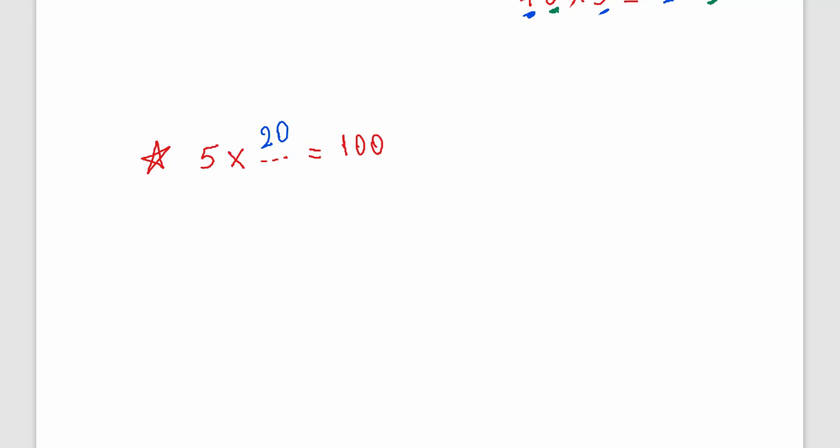Okay, again, my heroes, you should think of the basic fact in the timetable of 5 that gives you 10. Why 10? Because I can deal with this extra 0. So we know that 5 multiplied by 2 equals 10.